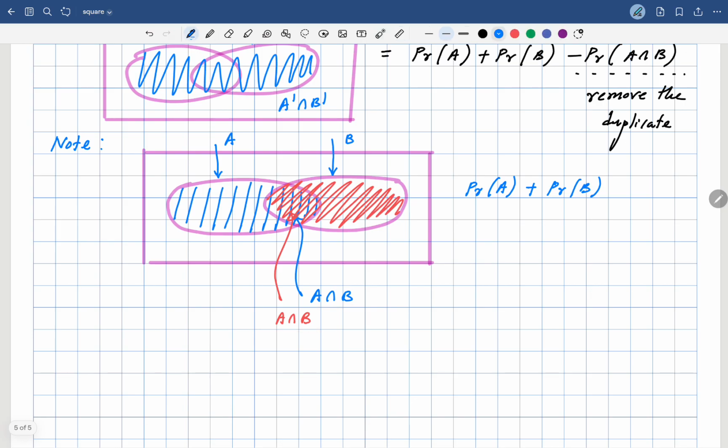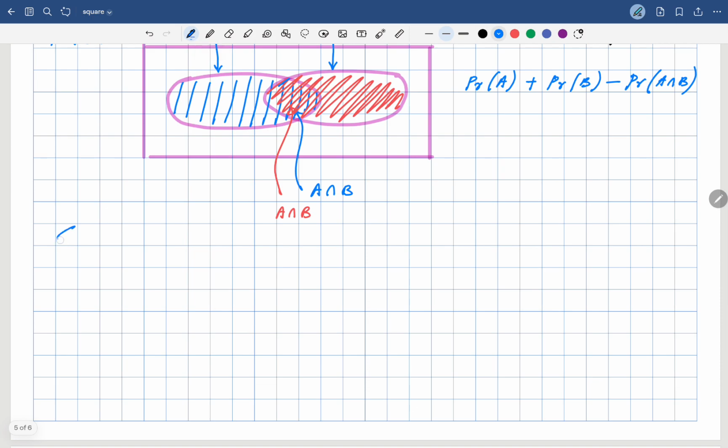So we are going to remove one of the counts. If you think about the reddish shaded part, that is removed. If I remove that one, what you are going to have is just the blue shades here. Okay, I hope you understand.